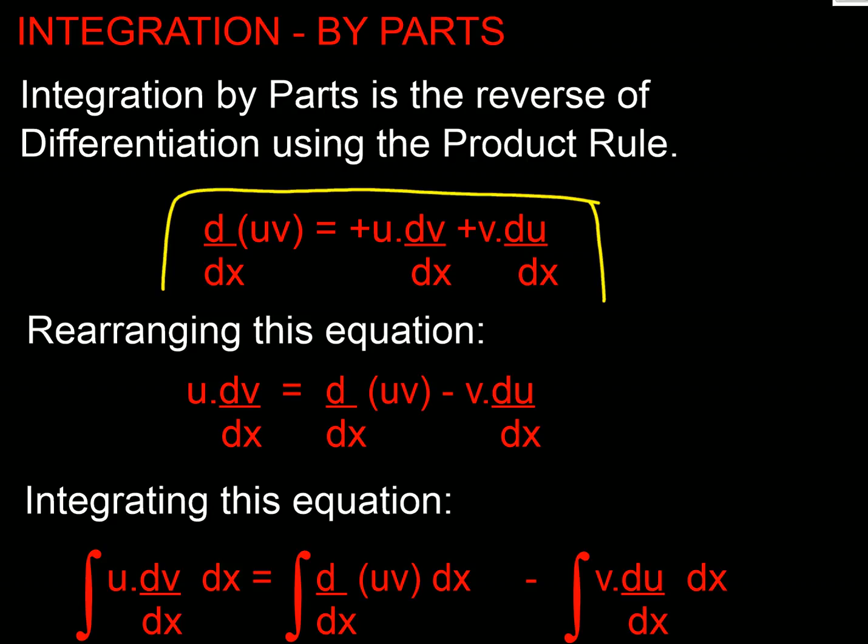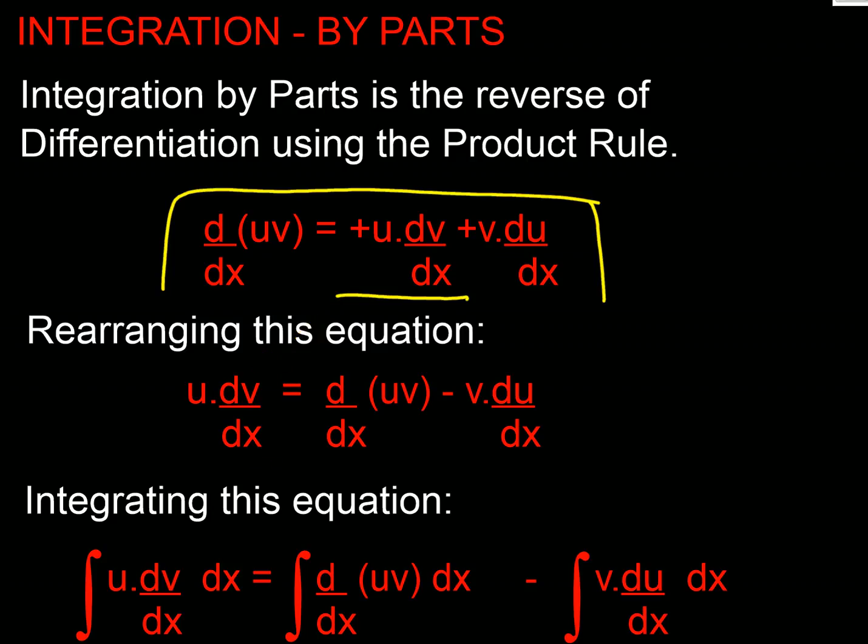If we just rearrange that, because I would like to make the first term on the right-hand side the subject, u dv by dx is therefore going to equal the differential of uv minus, I subtract, v du by dx. If I start with that, we're comfortable, that's just a rearrangement.